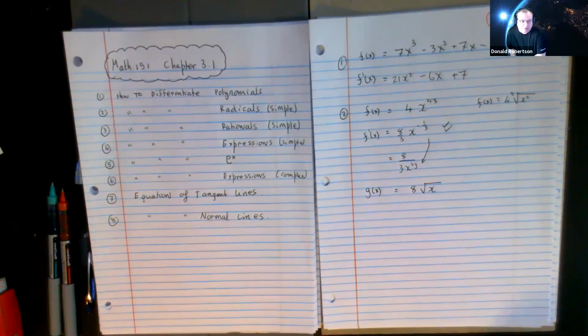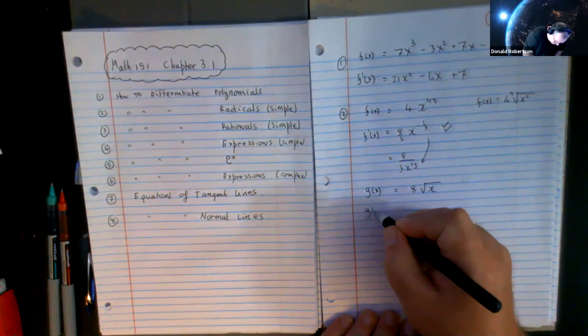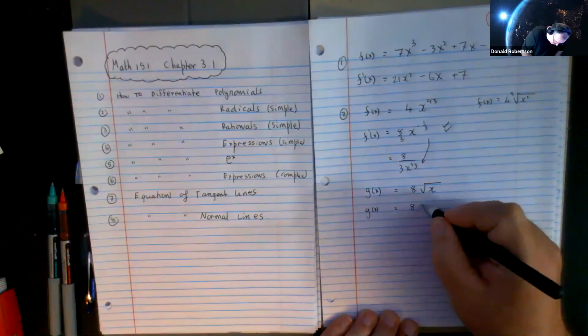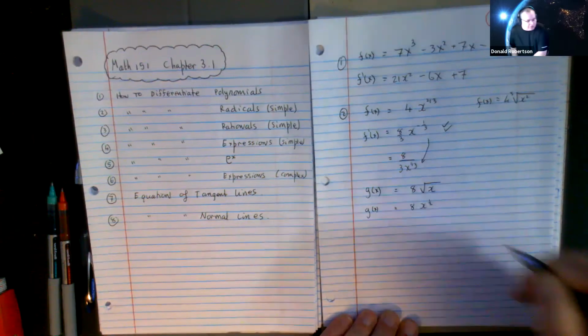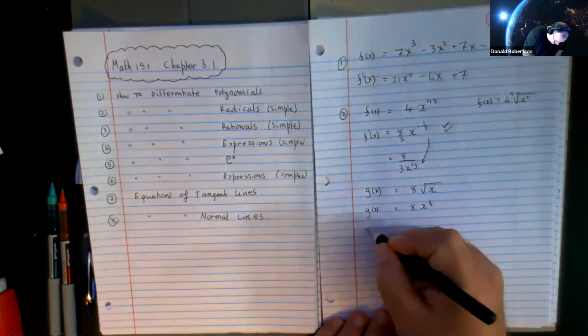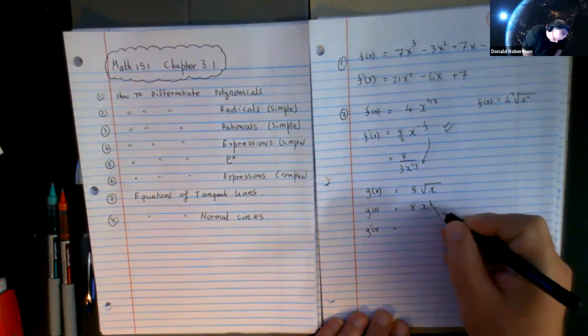Now, in some questions, the radical is written in a form that's not useful for finding derivatives. So in this case, you have to convert it to a fractional power. In this situation, you can now use the power rule.